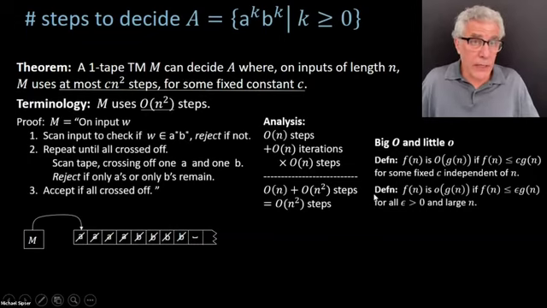Okay, so let me ask you now whether there is some other one-tape Turing machine which can do better than this Turing machine does in terms of how much time it takes. So one idea that you might have, instead of crossing off a single A or a single B, maybe you can cross off 2 A's and 2 B's, or 10 A's and 10 B's. Well, that'll cut down the running time by a factor of 10.